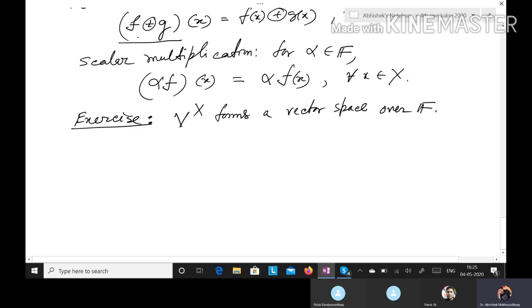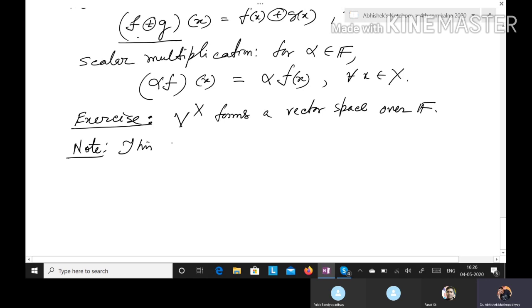And this example gives you a fruitful source of constructing new vector spaces from the previously known examples of vector spaces. So we must note it down.